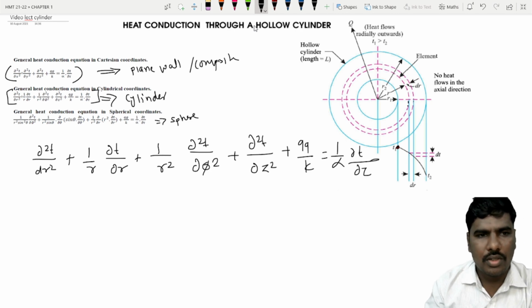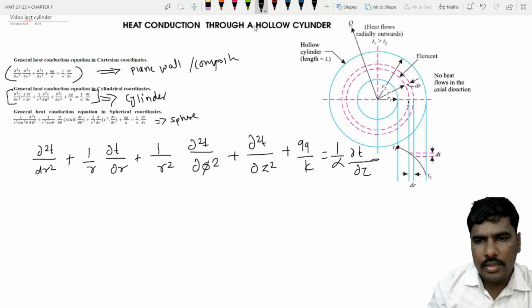This is the general heat conduction equation in cylindrical coordinates, with the radial direction, the phi direction and the Z direction, so three directions are used here.